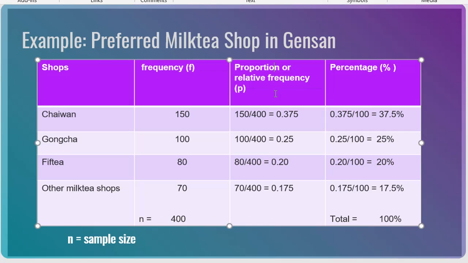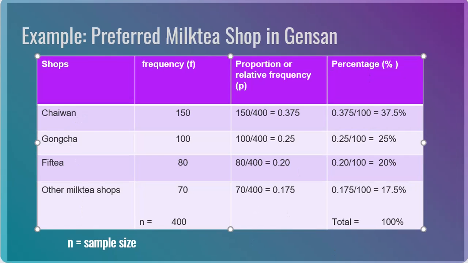The third column is for the proportion, and the last column for the percentage. Now in this example, Chai 1 was chosen 150 times. So that means out of the sample size of 400, 150 of the respondents selected Chai 1. So that is our frequency.